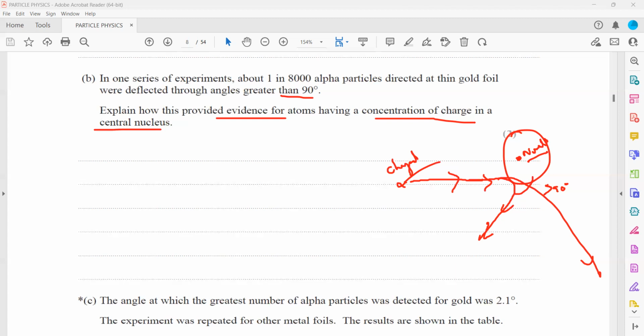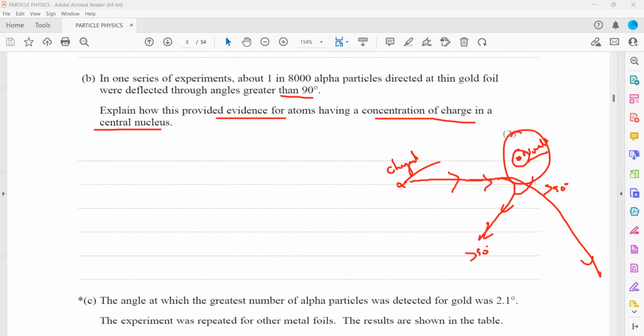So the alpha particle needs a very large electrostatic force to be deflected through an angle greater than 90. This shows that the nucleus must be charged, and the electrostatic force between the alpha particle and the nucleus causes this deviation of more than 90 degrees.